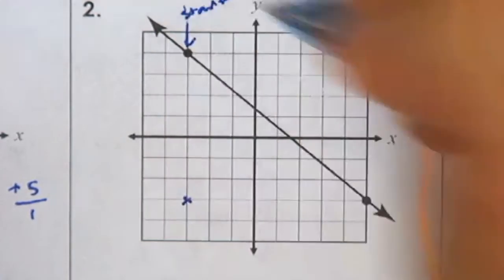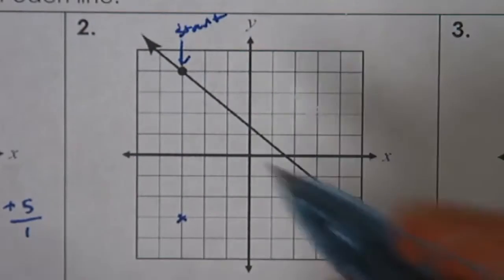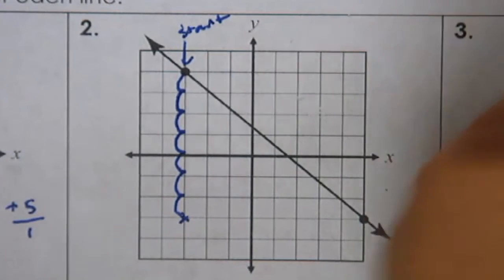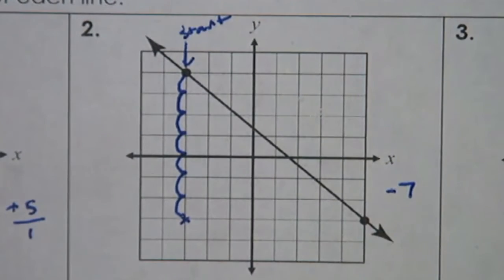Starting from the leftmost point, that's the starting point for us. I'm going to count 1, 2, 3, 4, 5, 6, 7. So that went down 7. I'm going to use a -7.